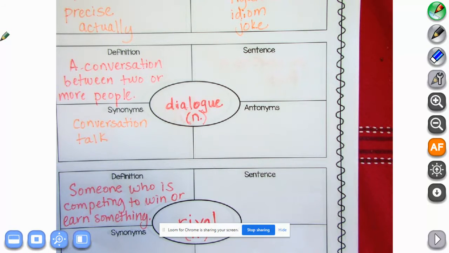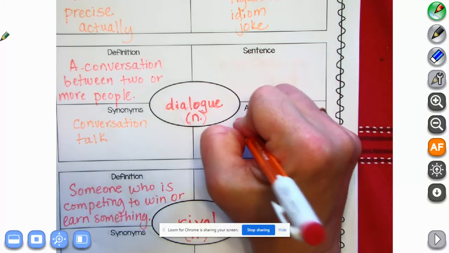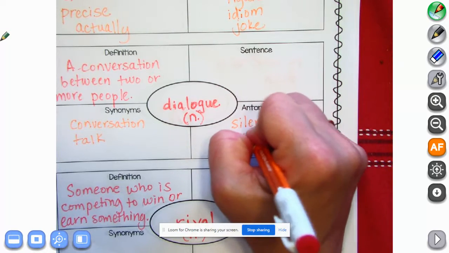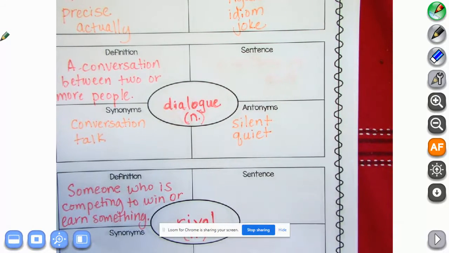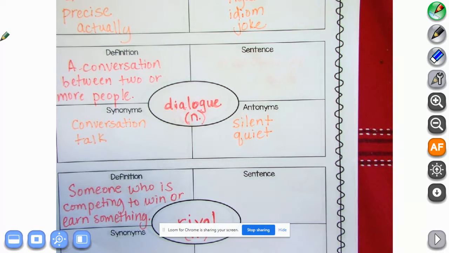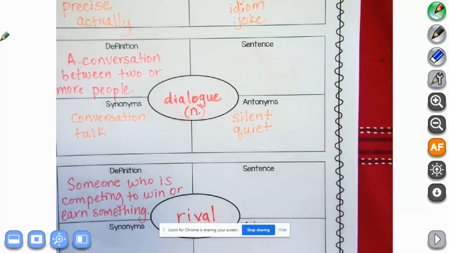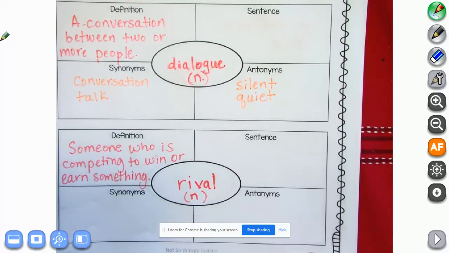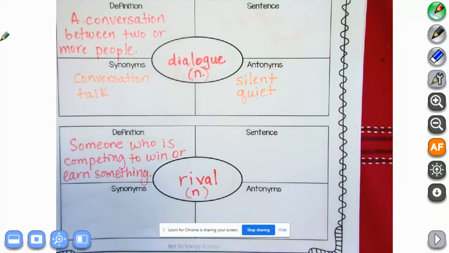Something that would be the opposite of conversation, talk, or dialogue would be silent. Or quiet. You're being quiet. You're not talking. Okay. If you need some more time to get those written down, go ahead and push pause. Come back when you're ready.